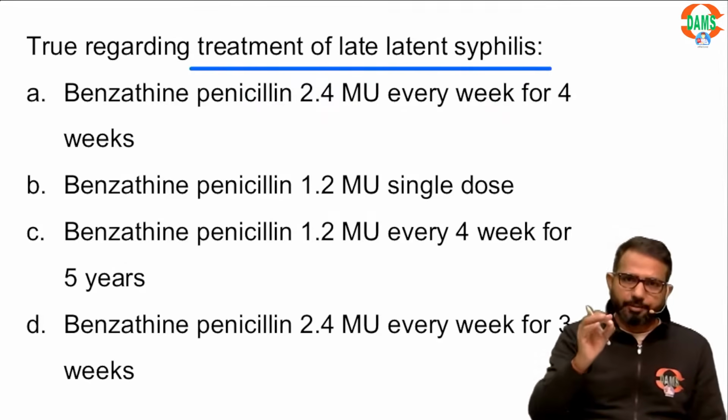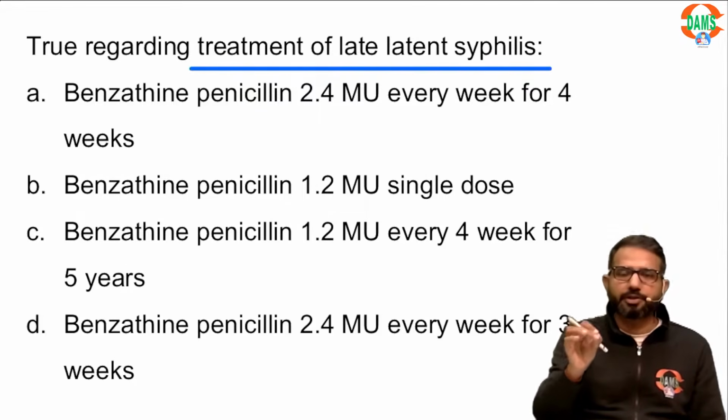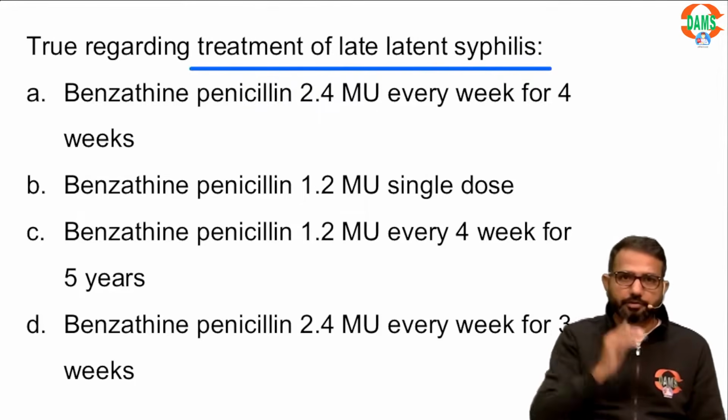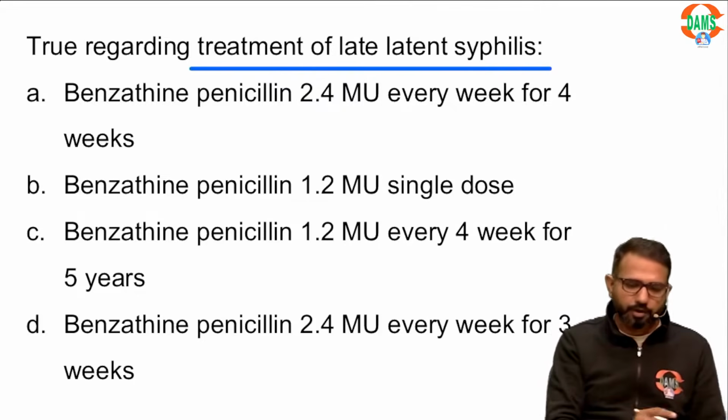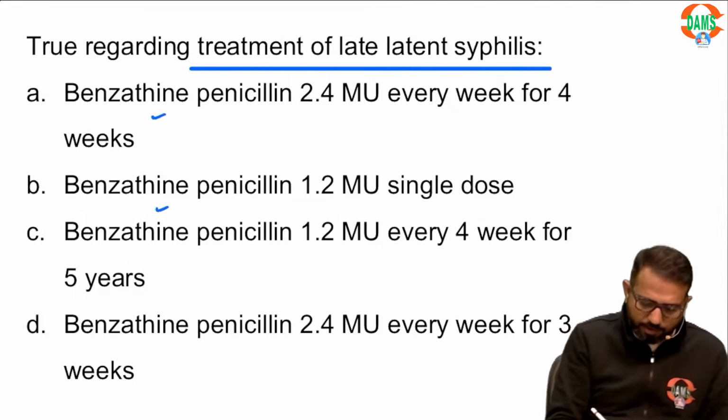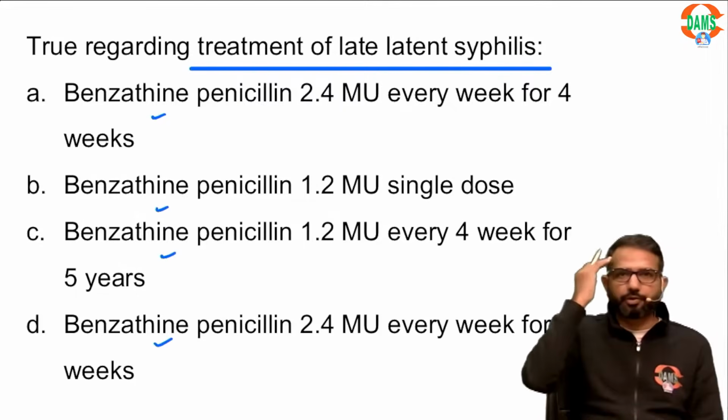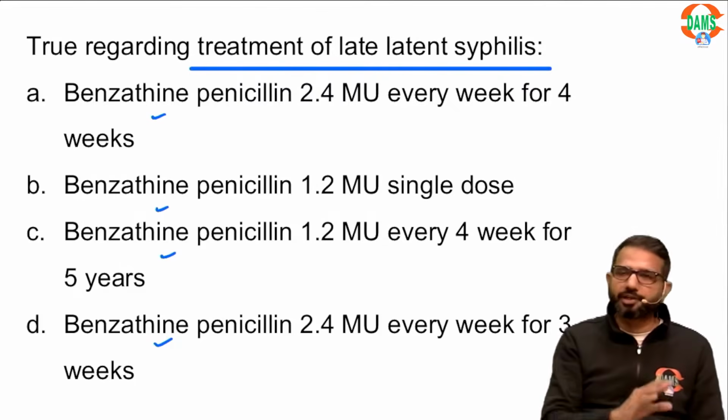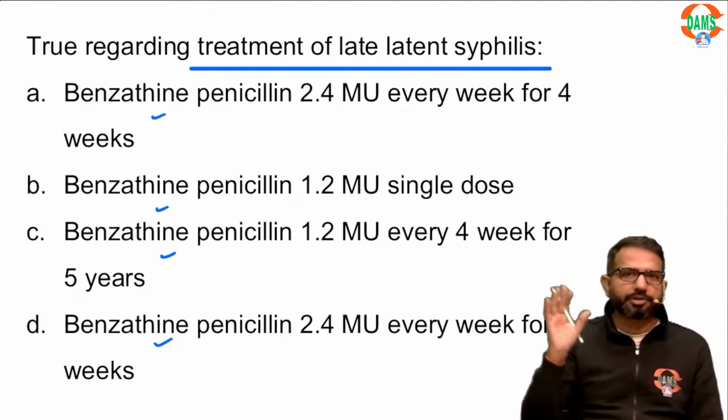Remember, benzathine penicillin is used for all syphilis patients except neurosyphilis. In neurosyphilis, we use crystalline penicillin because benzathine is not reaching the brain.